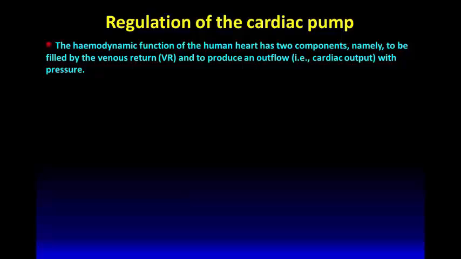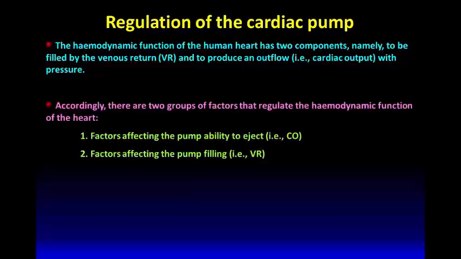The first is for the ventricles to get adequately filled with venous return during ventricular diastole, and the second important component is for the ventricles to generate adequate cardiac output with pressure during ventricular systole.